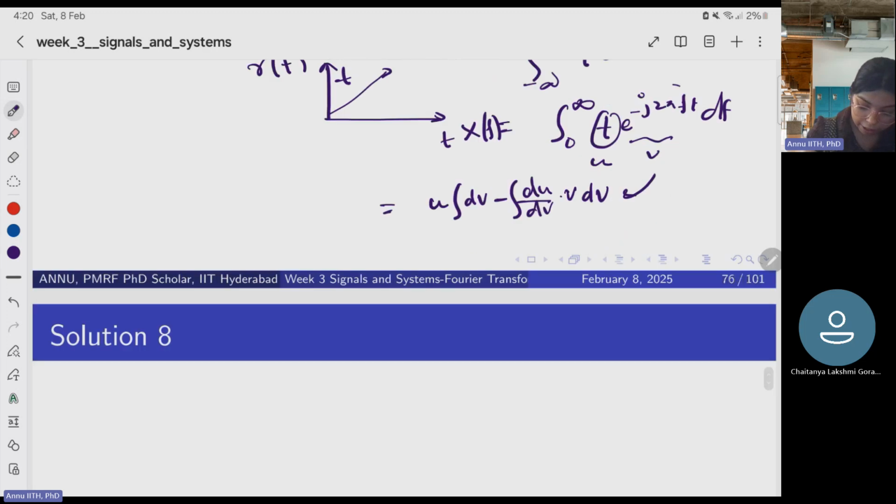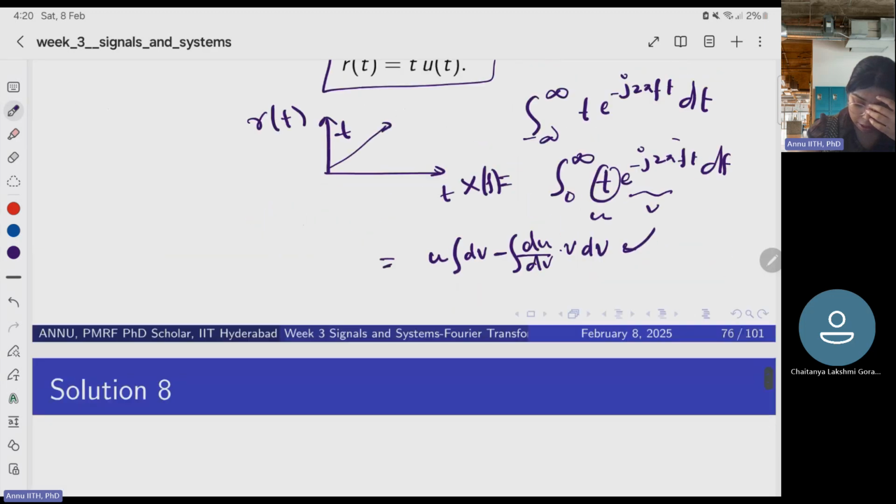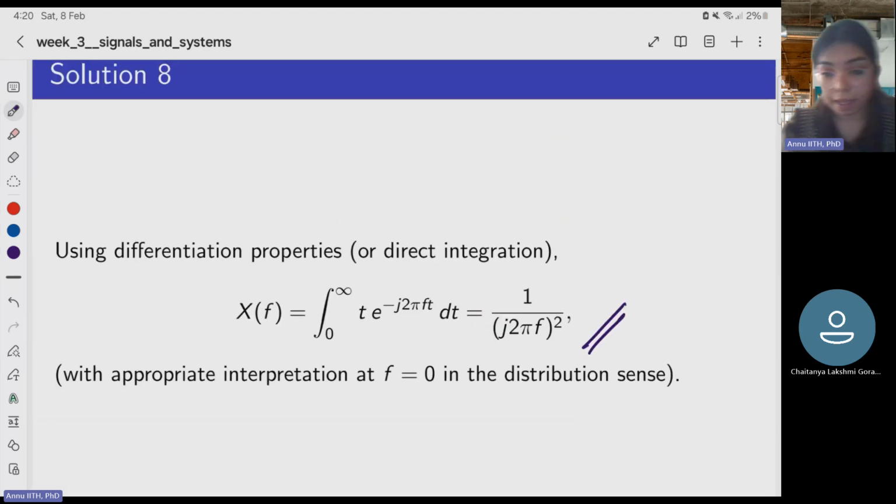Using this formula, you will get this. Since the time is very low, I'm just giving it. If you don't understand it, let me know and come back again in the next class, I will be there for you. So, with the appropriate interpretation at f equals 0 in the distribution sense.